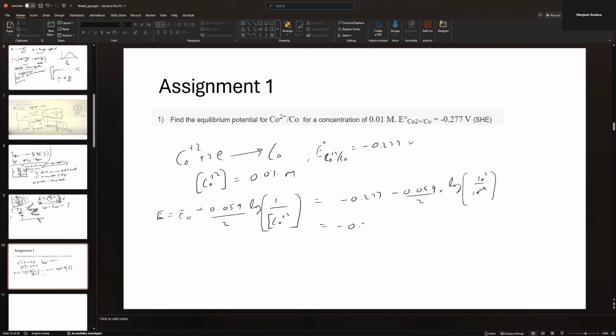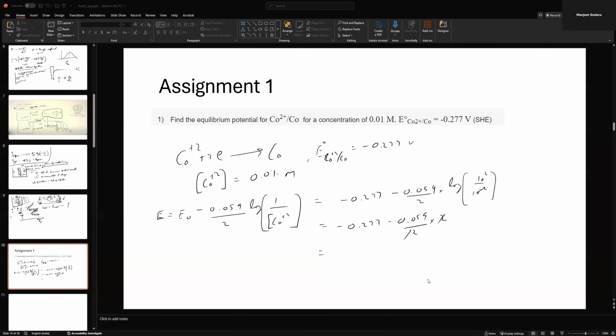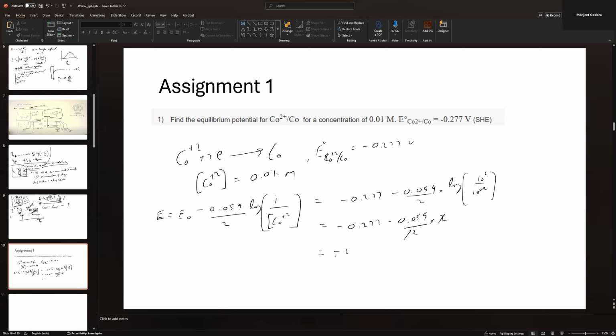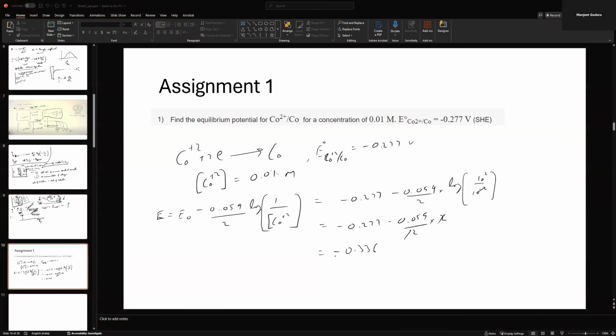So -0.277 minus 0.059 over 2 into 2. So we should get -0.36 volt.